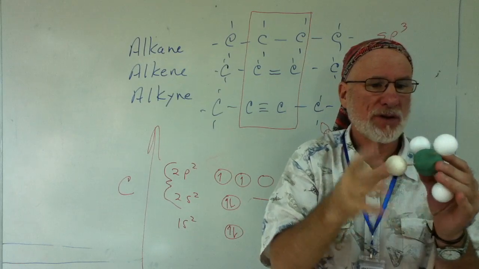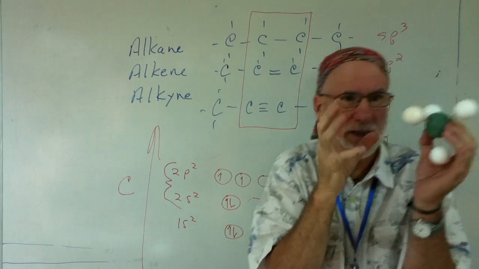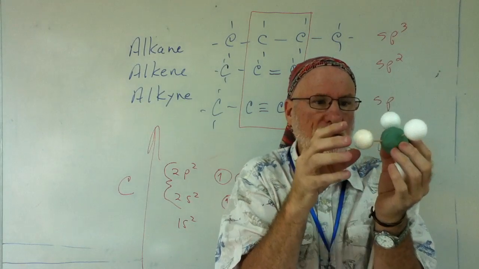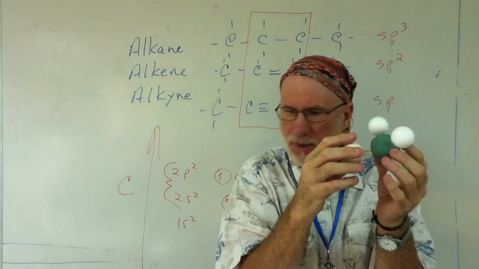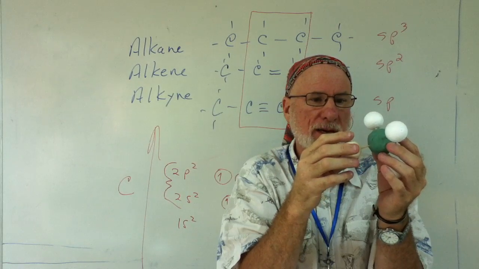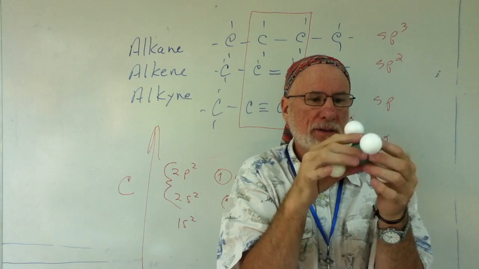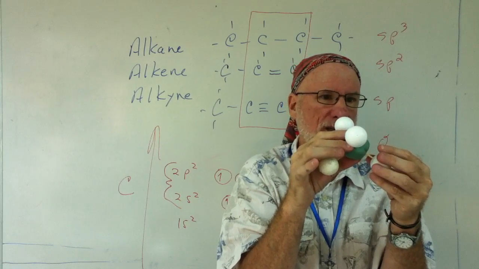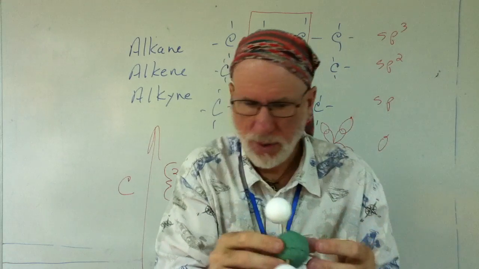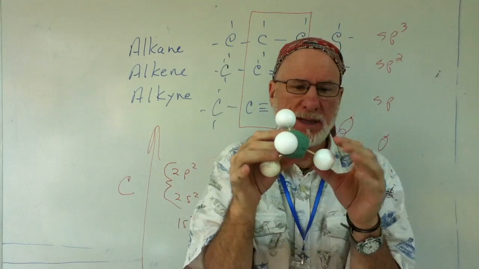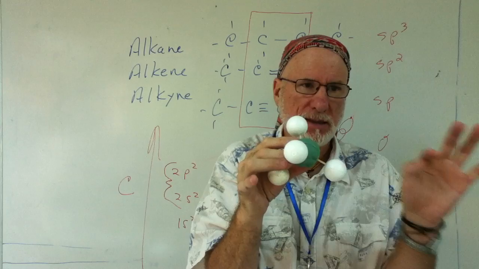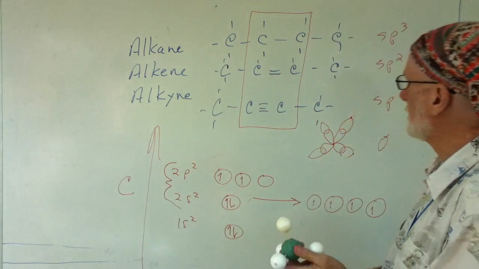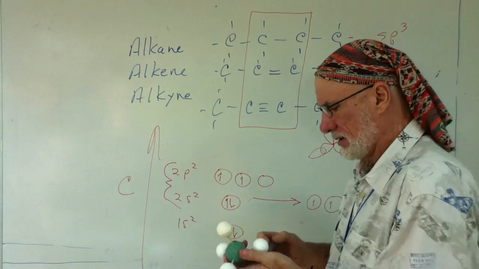So they all go out in chains, and if you isolate one carbon, let's say this is a carbon and this is a carbon, let's pretend. What happens is that they go like this. You see that? This is what the alkane looks like.